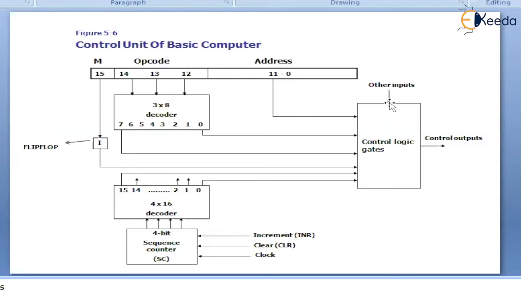That will be available in the control unit in the form of a routine. Each and every output combination will have a corresponding routine inside. If it is D1, add, the control unit is going to take the necessary steps in which the accumulator and data register are involved in an operation, that is addition.